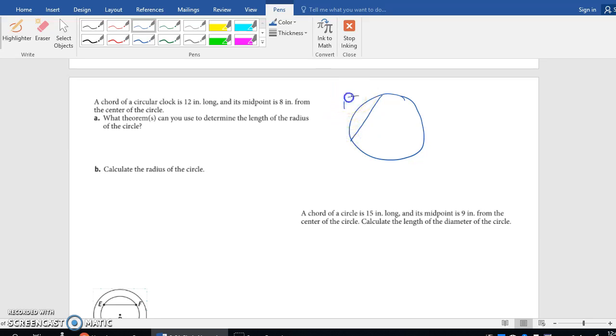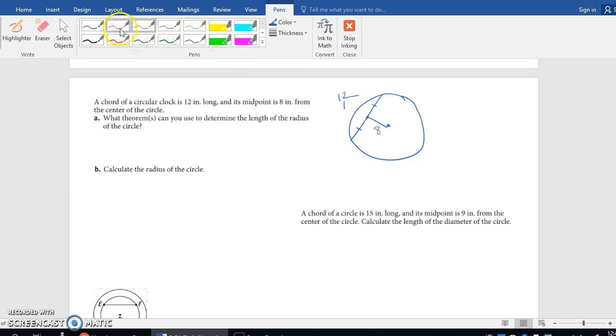This chord is 12 inches long. Okay? And then the midpoint of said chord is 8 inches from the center of the circle. 8 inches. So if this is the midpoint, I know that that is equal to that. It's congruent to that.